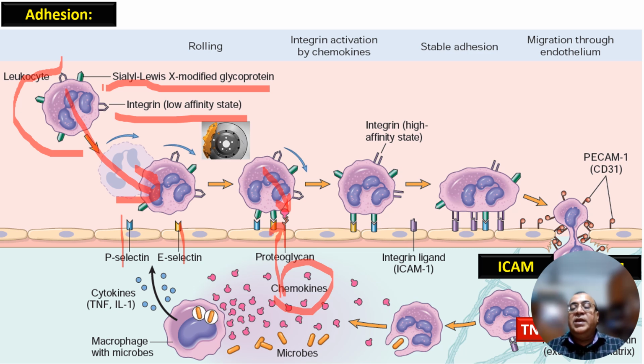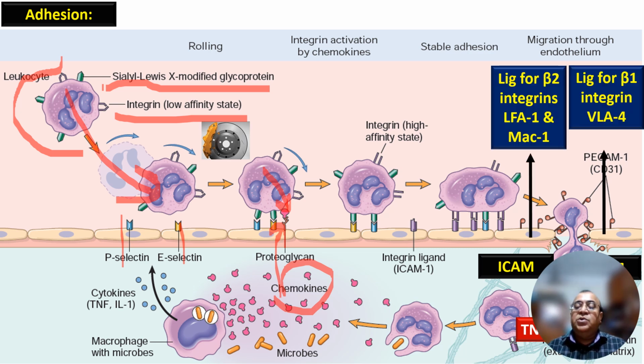Then ICAM and VCAM, the intercellular adhesion molecule and vascular cell adhesion molecule, are expressed through the action of the cytokines, and the ligand for beta-2 integrin LFA1 and MAC1 is ICAM, while VCAM is the ligand for beta-1 integrin VLA4. So what happens next?